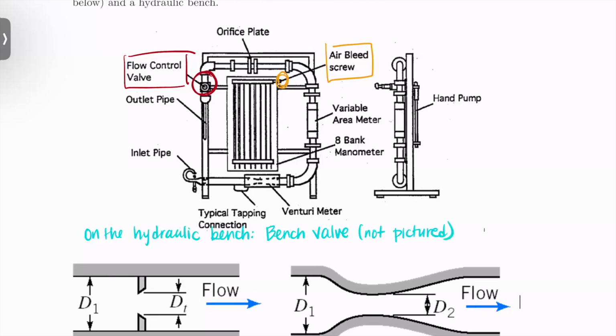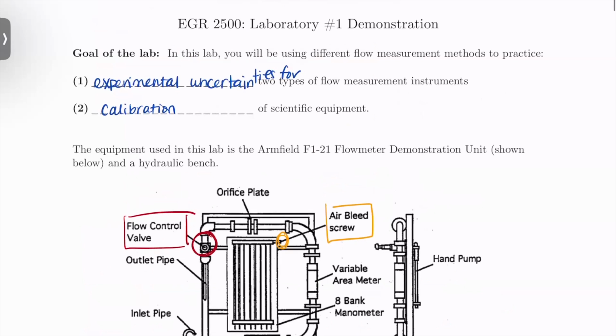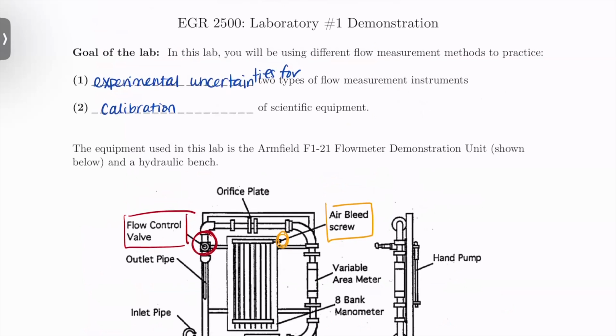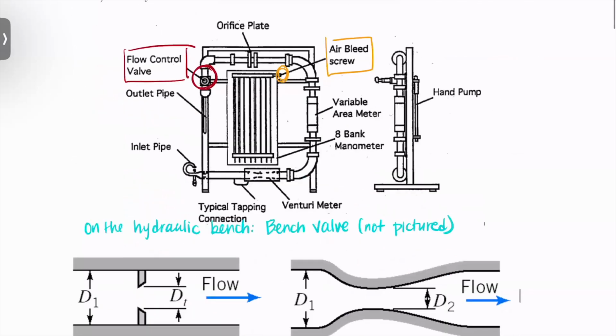The goal of this experiment is to look at different types of methods for measuring flow rate. Two of the key ones that we are going to be looking at in particular are an orifice plate meter. This is a zoomed-in version of it, but it is right here, at the very top of the equipment. Again, I'll point all of this stuff out once I move over there to show you how it works.